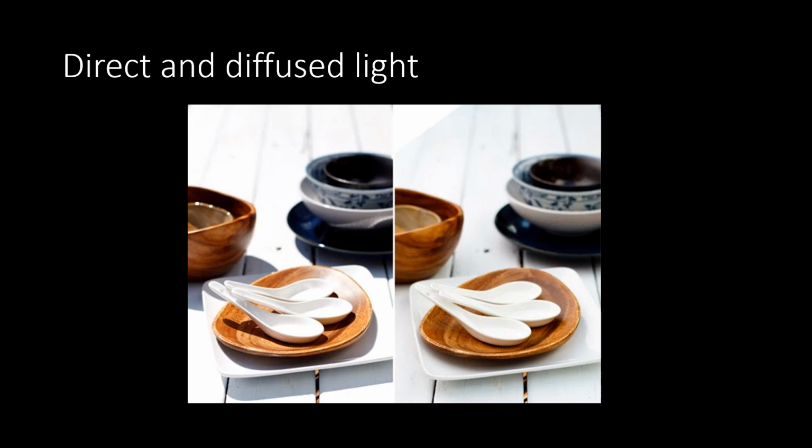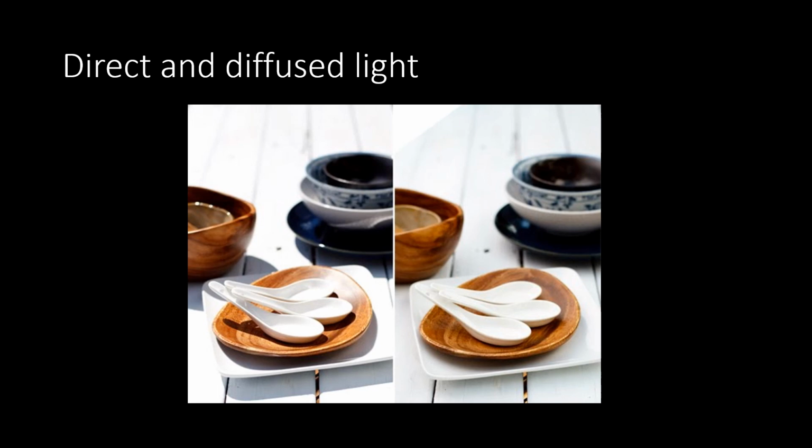Here we have two different qualities of light. The picture on the right, if you look at the shadows underneath the spoons, they're practically not there. There are some shadows, but they're very soft and the edges are diffused. And we call this diffused light, or we call it indirect light, or we call it soft light.